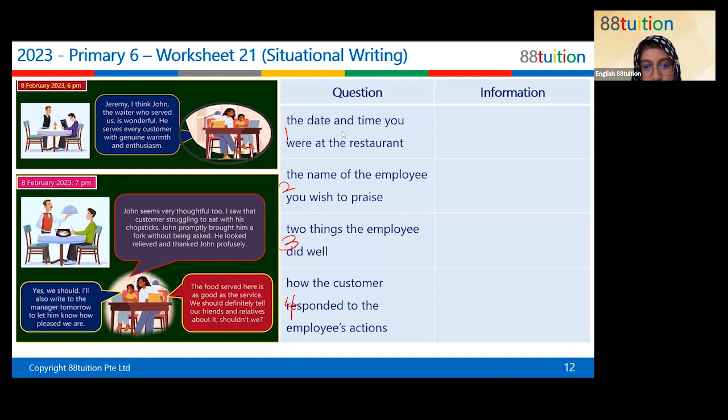For his good service. Good service means what? Okay, I think there's a spelling error there. Okay.